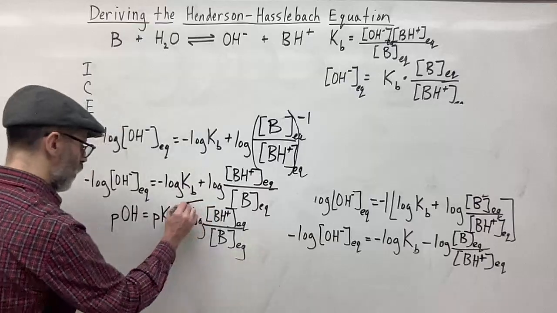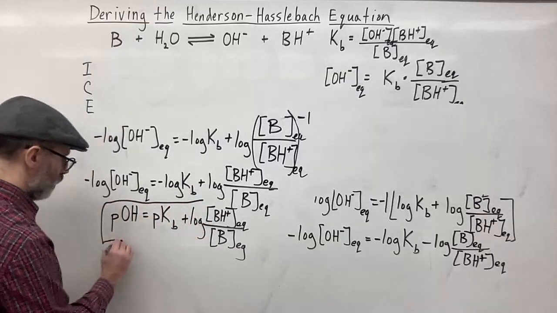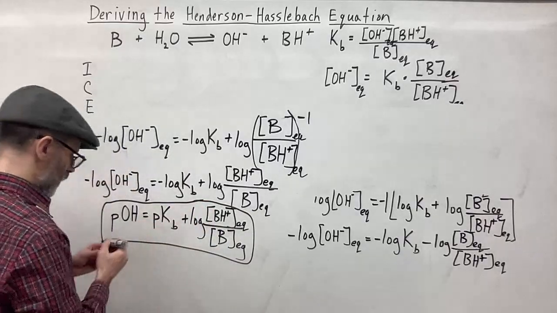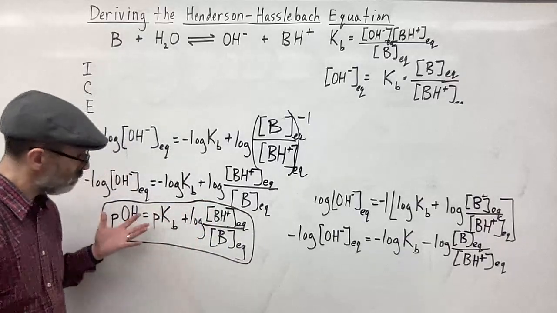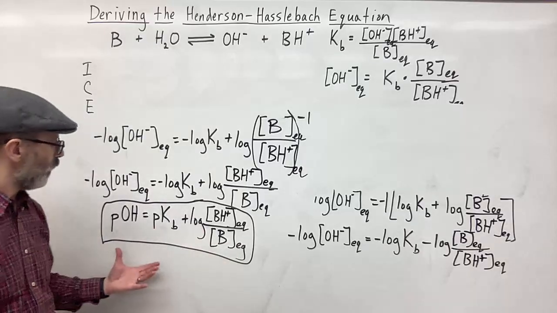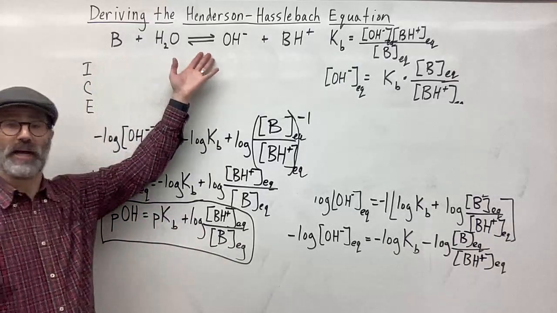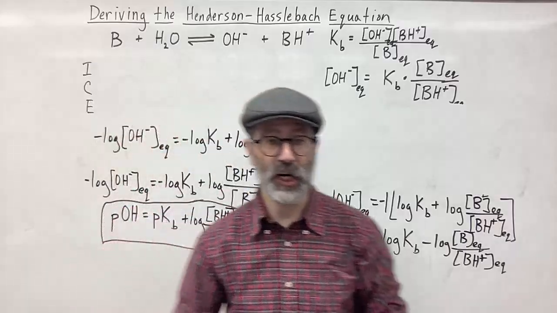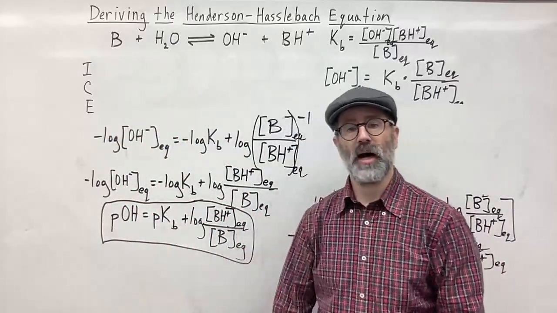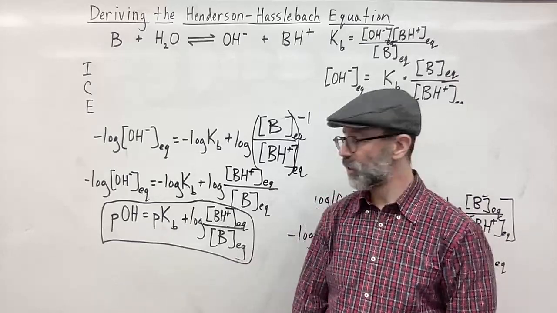And then here we have the other equation that's related to your Henderson-Hasselbalch equation. So if you have this sort of reaction going on here, then you could always use this equation to solve for the pOH.